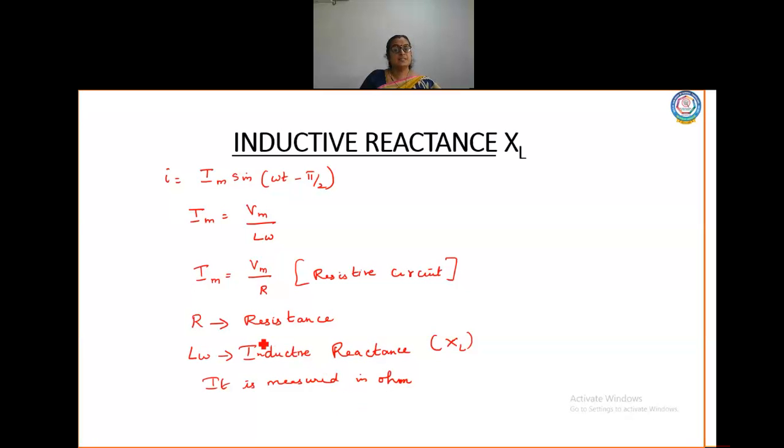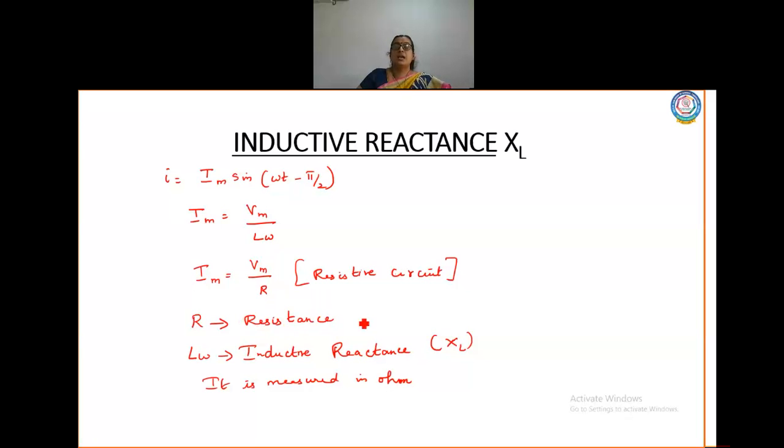In a resistive circuit, the resistance value is independent of frequency. It does not have any influence on the frequency. If there is a change in the frequency, the resistance value will not change. It remains the same.